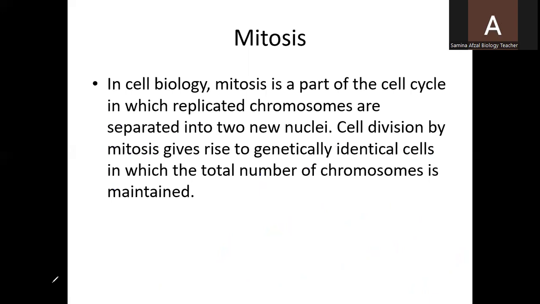During this cell division, one cell is divided into 2 daughter cells, which are genetically identical. Every daughter cell has 46 chromosomes. If one cell is divided into 2 daughter cells, they will both have 46 chromosomes, and they will be genetically identical.